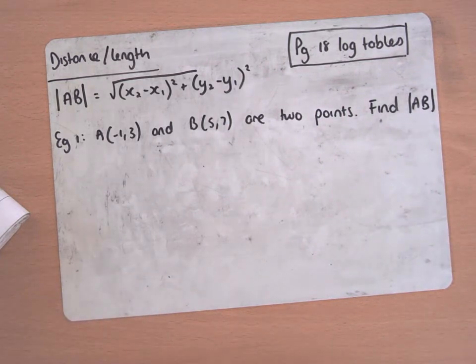So, A minus 1, 3 and B, 5, 7 are 2 points. Find the distance A to B.